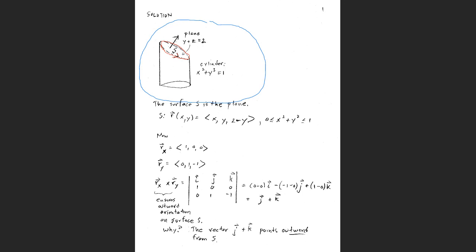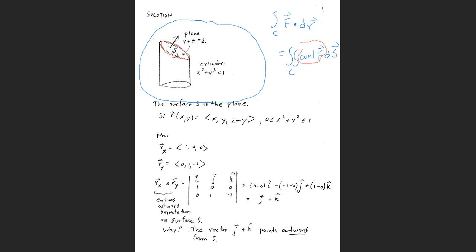Now, since I'm computing a flux integral, remember, what is Green's theorem? Okay, Green's theorem says that this work is equivalent to the flux integral where the vector is the curl of your vector field.